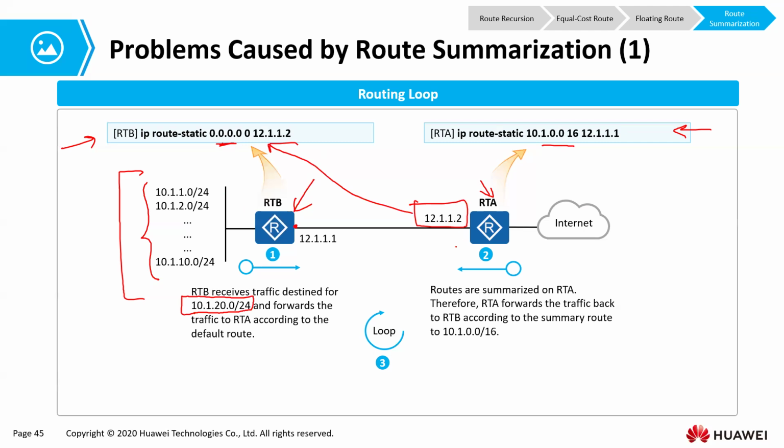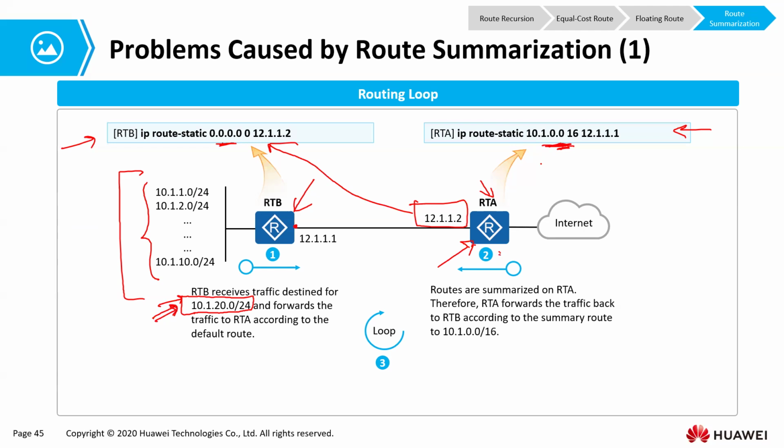The packet arrives there, still destined for the 10.1.20.0 network. When it arrives there, we look in the routing table. The routing table has that installed route, and this route is part of the umbrella.